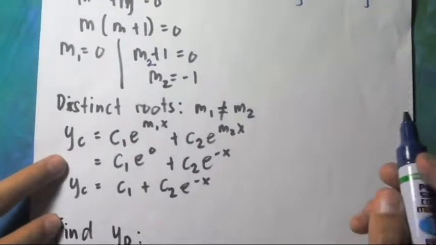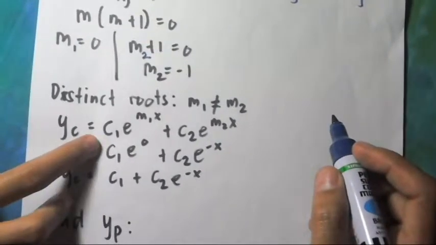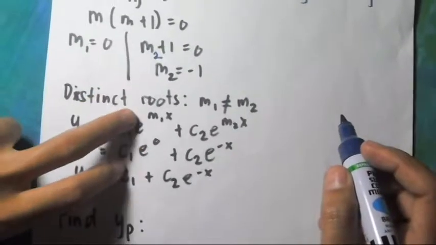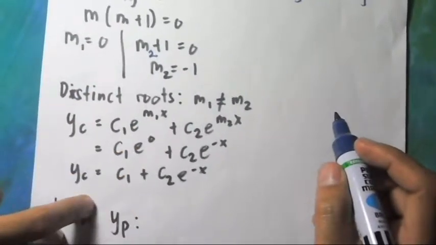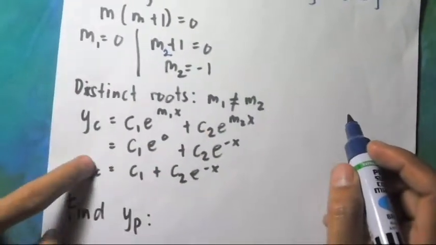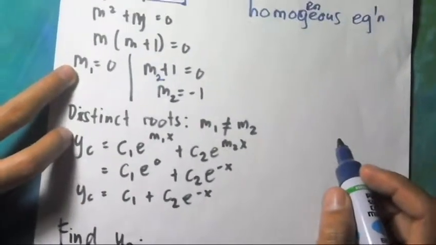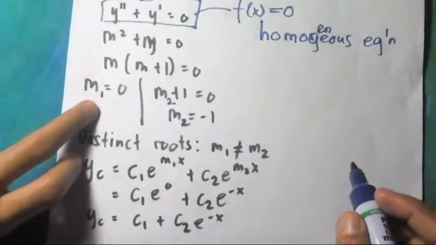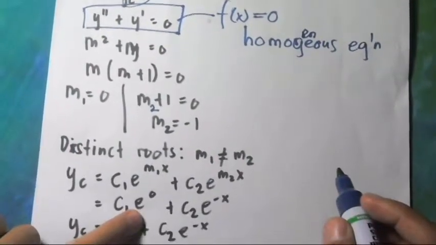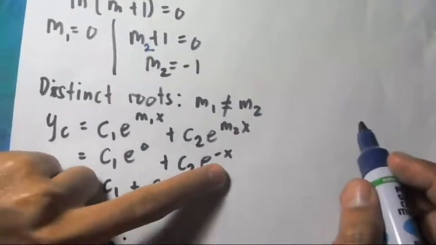According to case number 1, y complementary is equal to c1, which is our constant, e to the m1 x, plus c2, our constant, e to the m2 x. As we look at our problem, m1 equals 0. Therefore, c1 e to the 0 plus c2 e to the negative x.